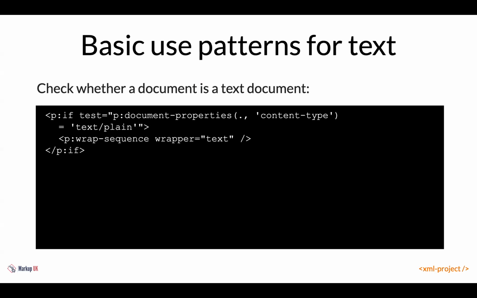The easiest way to do this is just write a p:if and then use the built-in XPath function p:document-properties with the flowing-in document as context item, and you ask for content type. And if it's text/plain, or if it's something like text, then wrap a sequence around it and make it an XML document. Otherwise, do nothing and just return the document that appears on the source port of this p:if.